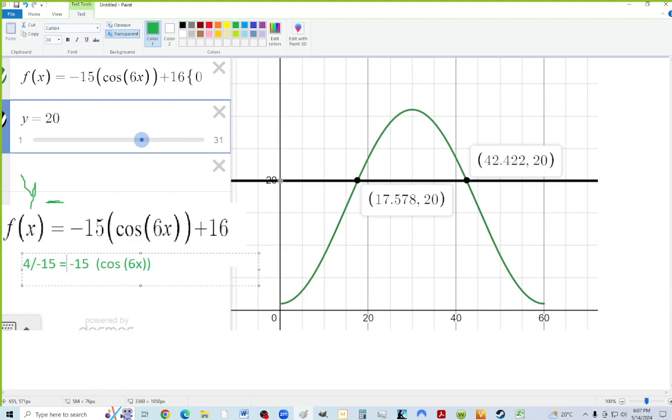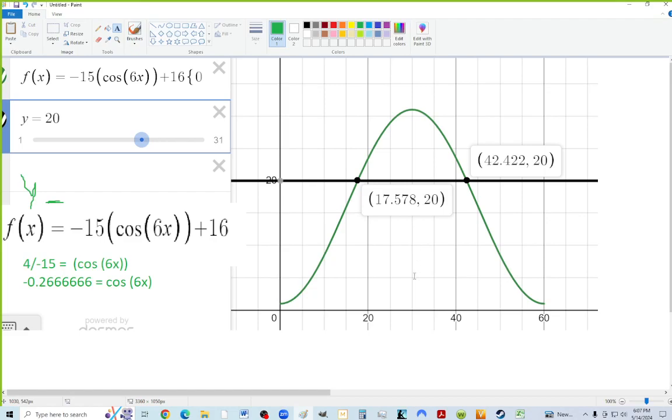Can you take 4 and divide it by negative 15 and tell me what you get, to 4 decimals? Negative 0.2666, repeated forever. So now my cos of this value, before I solve 6x, which is a period transformation, looks negative.